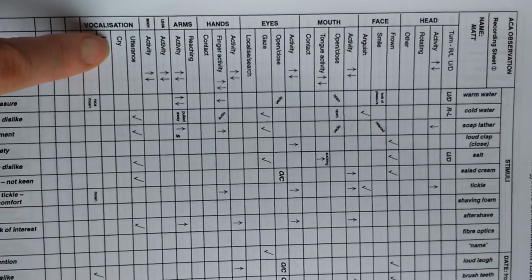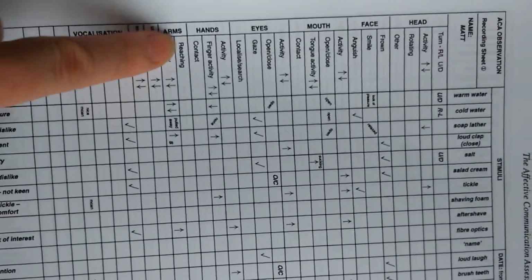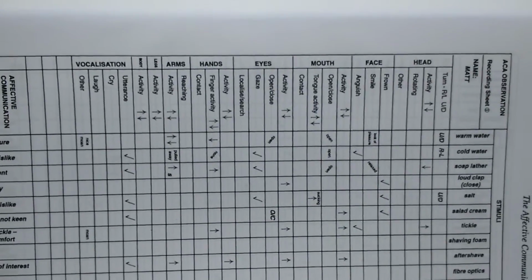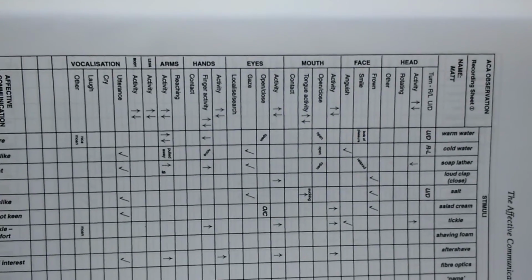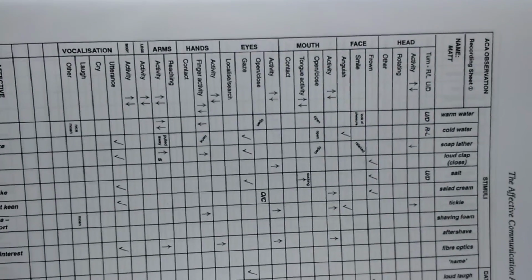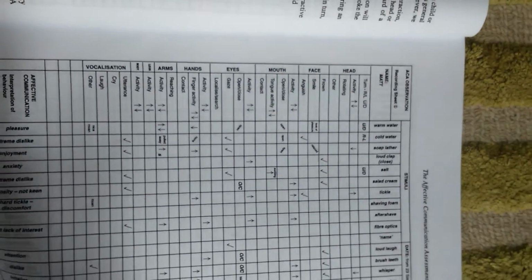So I would recommend this as well for really breaking down the subtleties that parents are often really, really good at reading. So this can be a really useful tool.